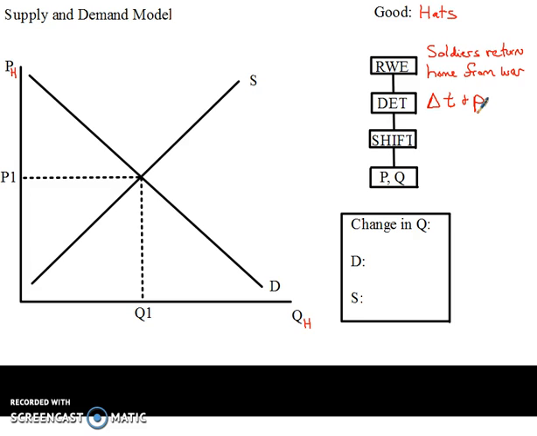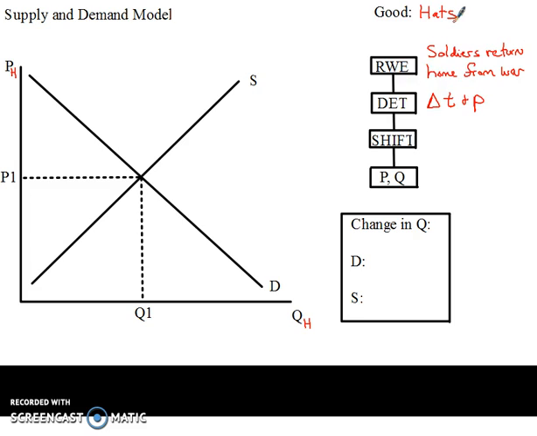So every single time that there is some real world event, some real thing that happens in the world, as economists, we have to match up a determinant with that real world event. Some determinant in our model that will explain how the curves will shift in response to that real world event.